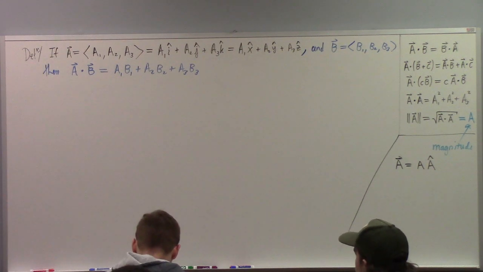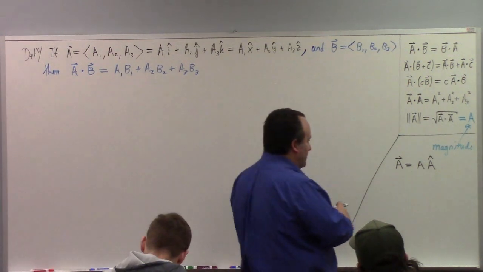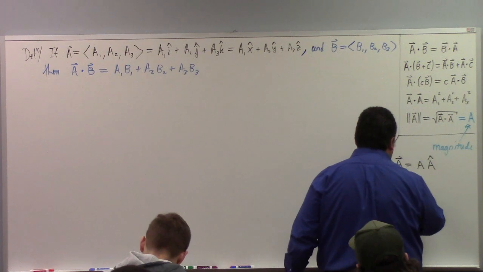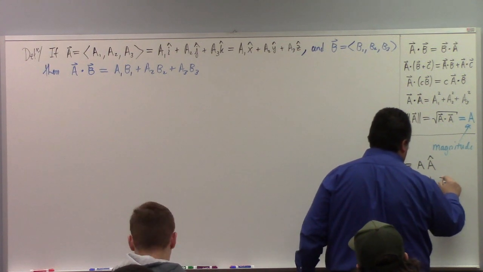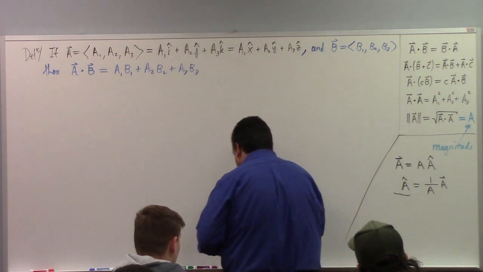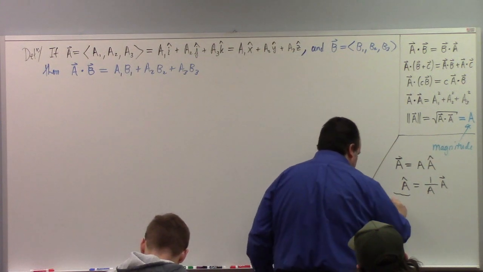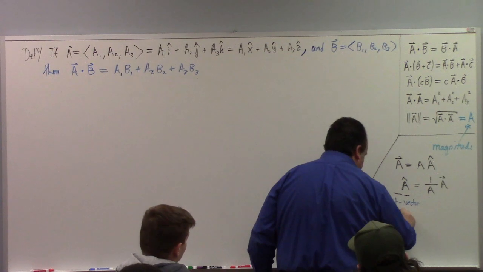Now that's not always true. What does this make a hat equal to? One over a times A, right? So this right here is a unit vector in a direction.